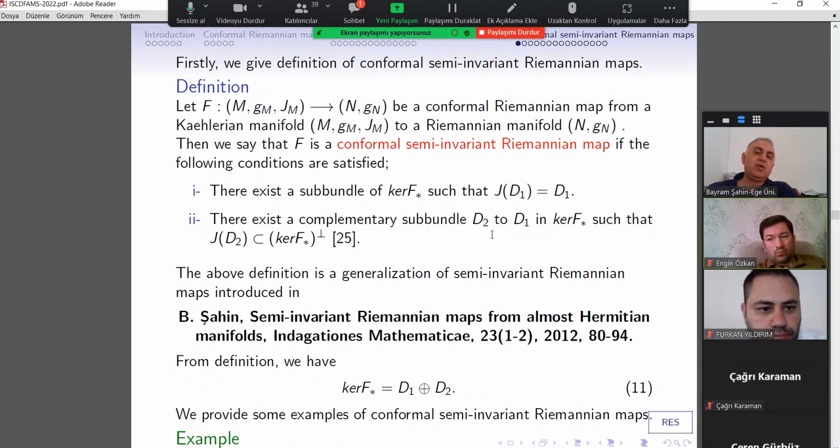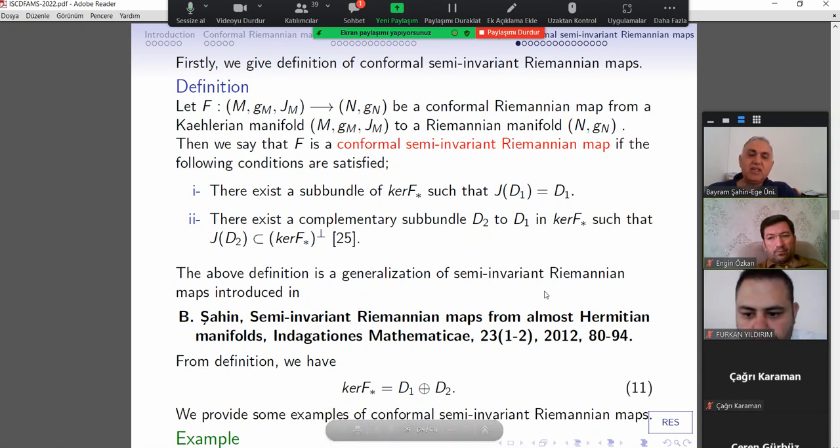If D2 is 0, you have a conformal holomorphic invariant Riemannian map. So this is a generalization of both the conformal holomorphic invariant Riemannian map and the conformal anti-invariant Riemannian map. This definition is a generalization of the semi-invariant Riemannian map introduced by me several years ago.